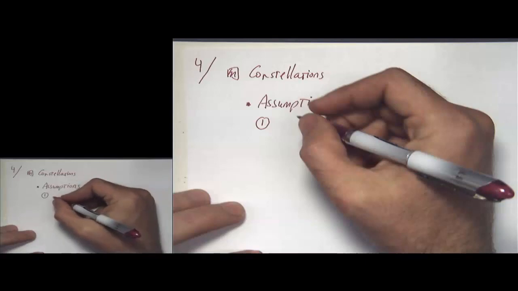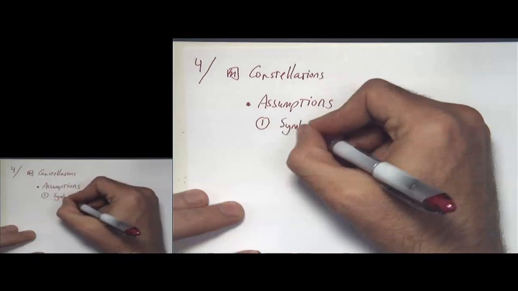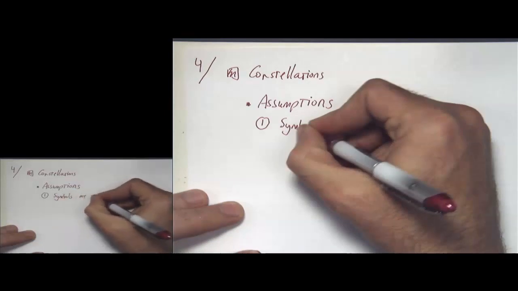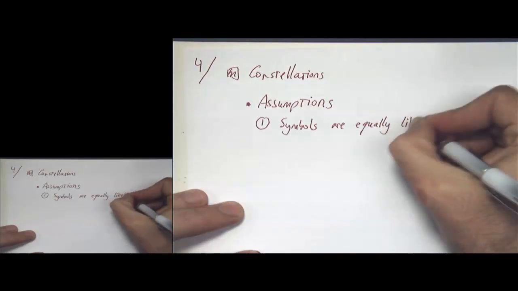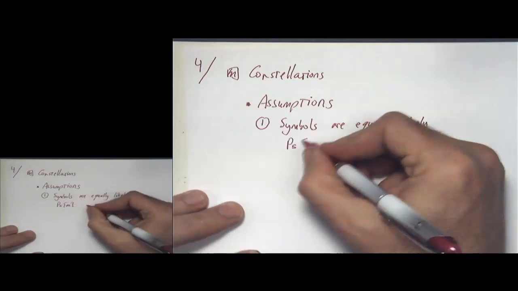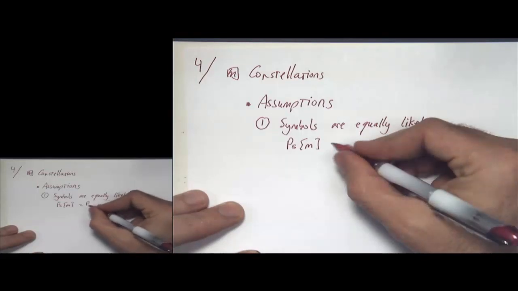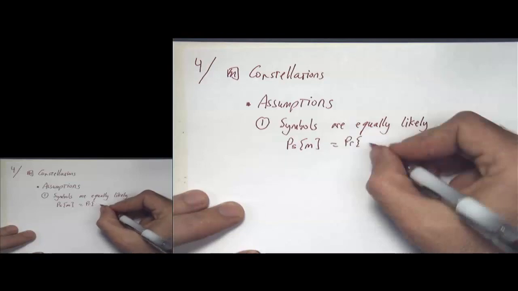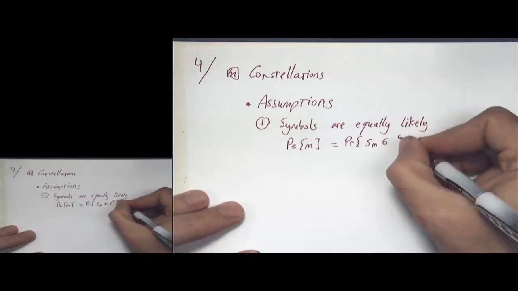So the first one that we assume is that the symbols are equally likely. So what this means is that if we have a probability mass function P_S of m associated with the mth constellation point, so this is the probability that we select S sub m in this constellation here.